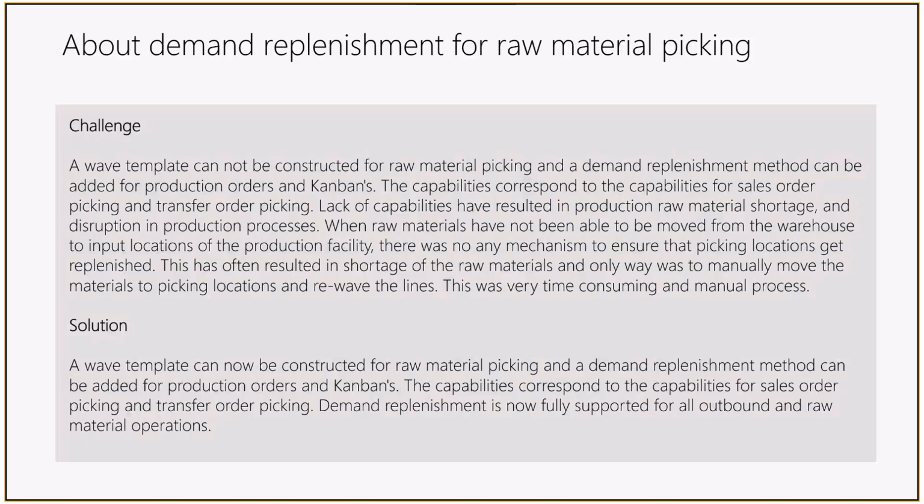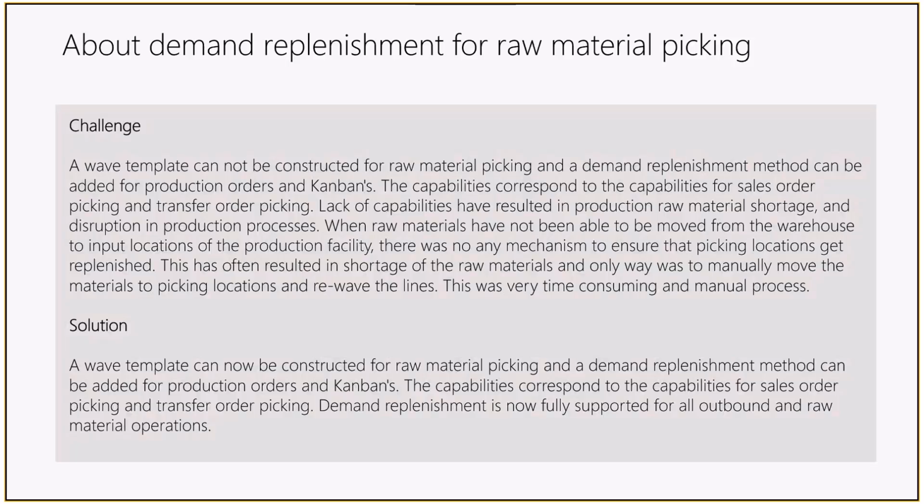demand replenishment flow. The demand replenishment was available on outbound documents, so transfer orders and sales orders, but we did not have it for raw material picking. And as described here in the challenge part of the chapter, a wave template could not be constructed for raw material picking, and the demand replenishment method could not be added for production orders and Kanbans.